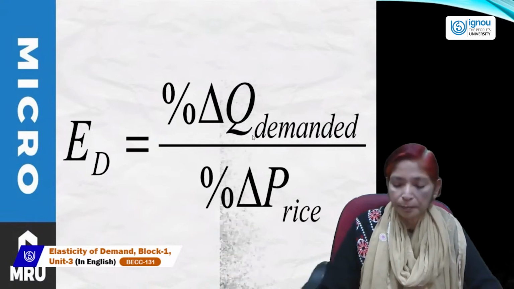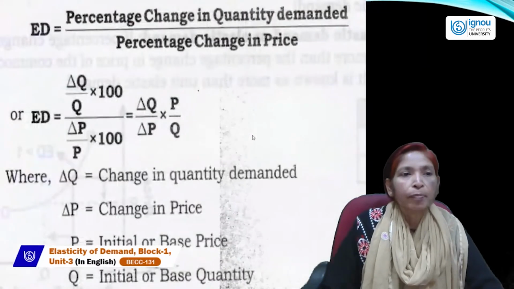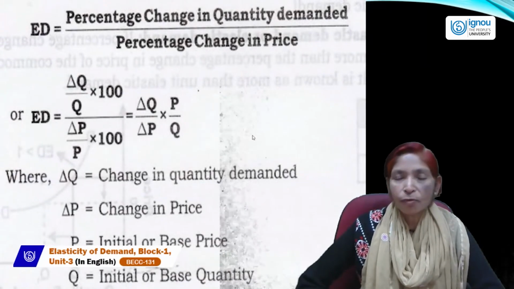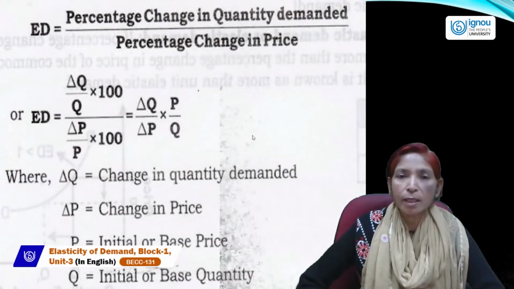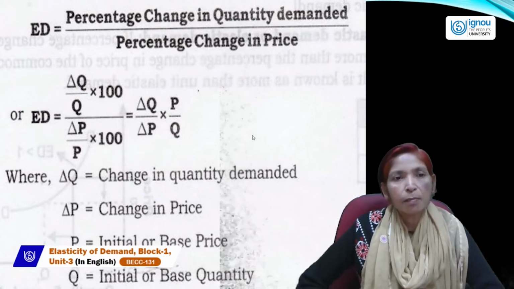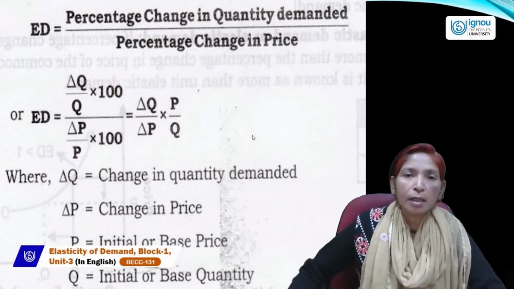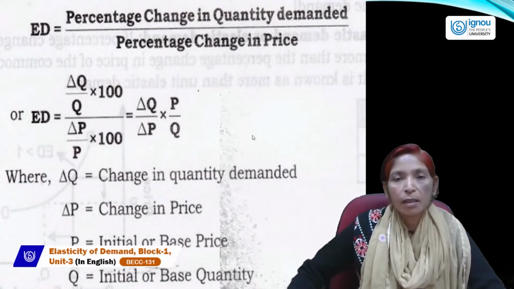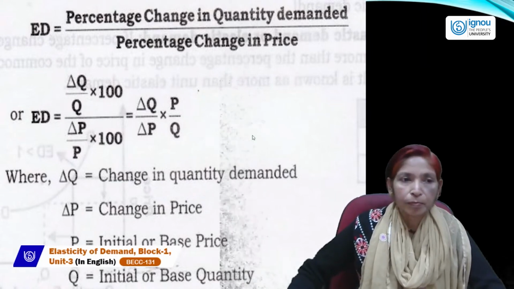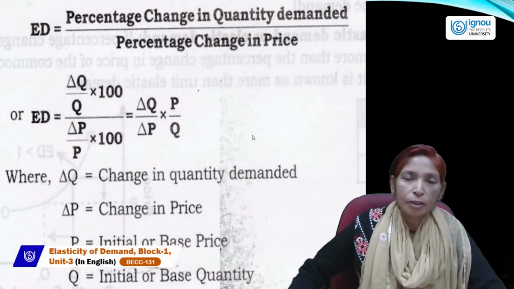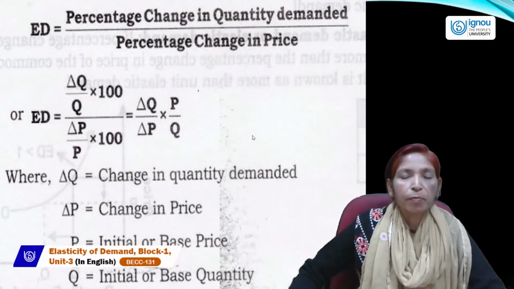So if percentage change in quantity demanded is divided by percentage change in price, then we can estimate price elasticity of demand. Now next, ED can be calculated by using the first formula, percentage change in quantity demanded upon percentage change in price, and the second formula is ED equals delta Q by delta P into P by Q. Here delta Q is showing change in quantity demanded and delta P is showing change in price.